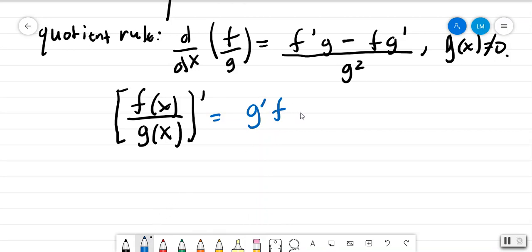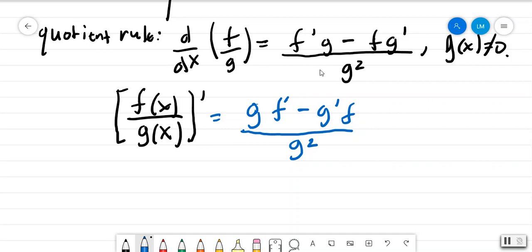Times f minus g prime times f. Not g prime, actually. Yeah, it's supposed to be g. So it's g times f prime, and then g prime times f. All of this is divided by g squared.